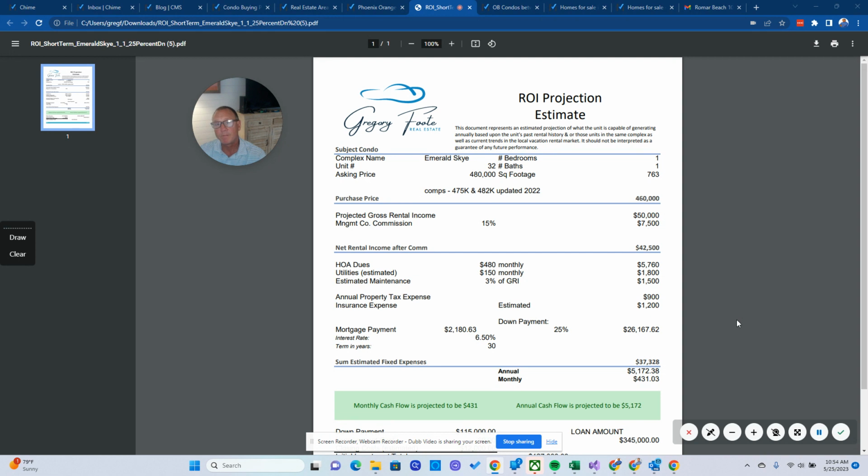Once we have that figure and we know what that management company is going to charge, because they're not all the same. They're all over the place. Some of them are 22%, some of them are 20, some of them are 18, some of them are 15, but they have different capabilities. Right? And that is also another video.